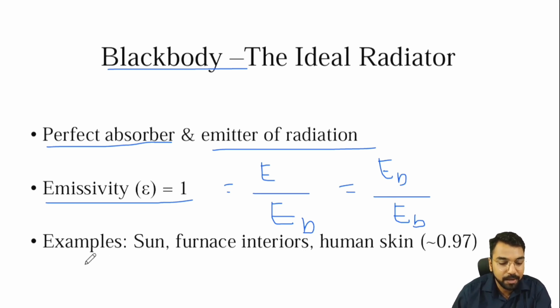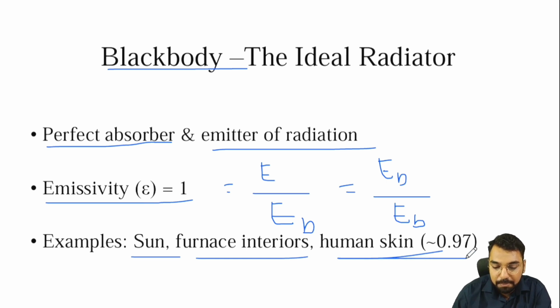Mathematically, the emissivity of a black body is equal to 1. Examples of this radiation are the sun, furnace interiors and human skin. Human skin has an emissivity of approximately 1, so we can say that human skin approximately acts as a black body.